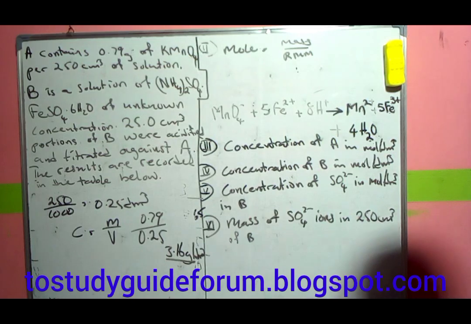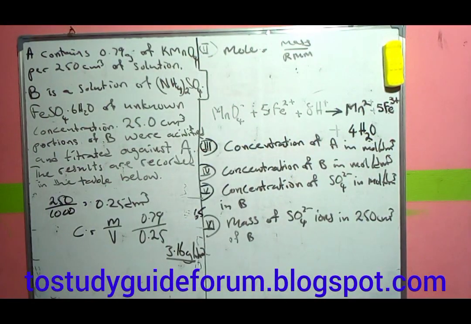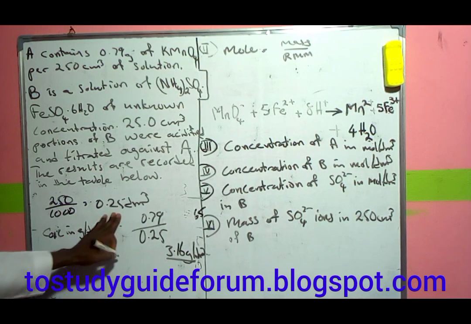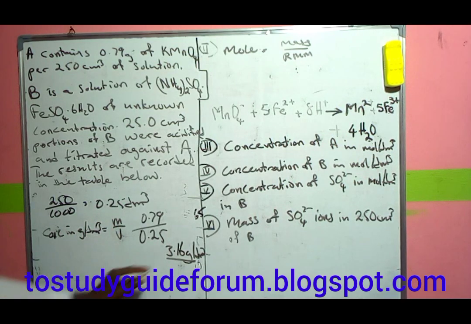Actually, what we did here is concentration in mass. This should be concentration in grams per dm cube of the solution. That will give us mass over volume. We have gram per dm cube. That's what we have here, not the concentration in mole.